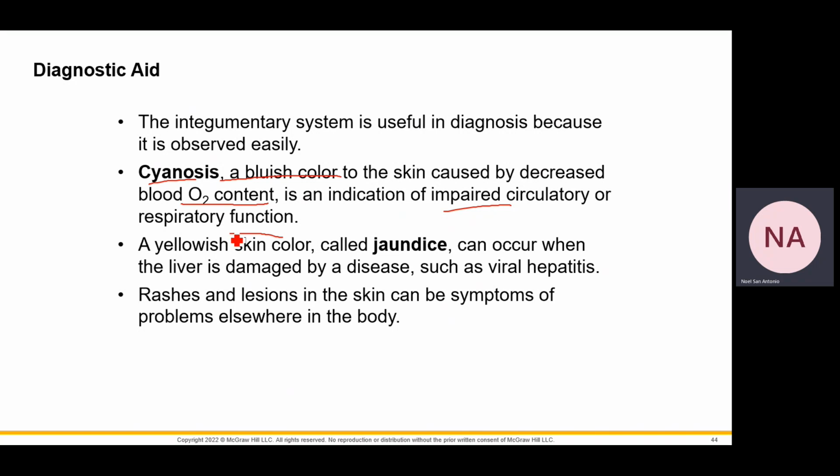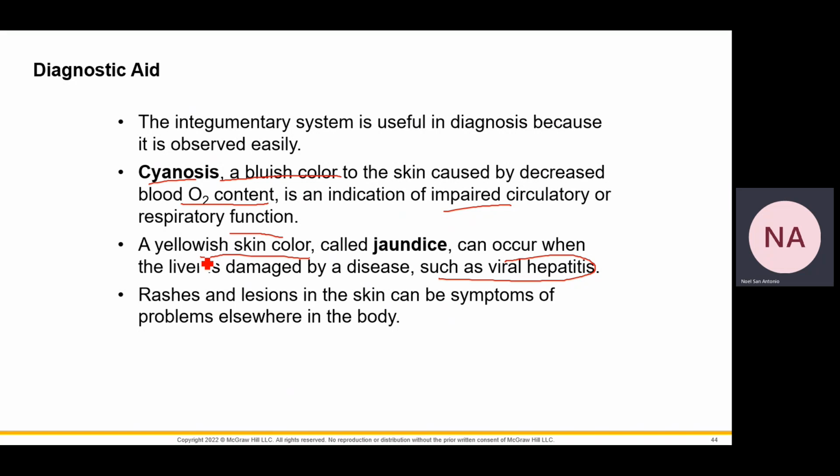Now, for those patients with liver problems, such as those patients with viral hepatitis, iba naman ang nagiging skin color. Yung yellowish skin color, and that is totally different from the yellowish tint of the skin when you eat a lot of carotene. Sinabi natin sa start na nakukuha sa squash, sa kalabasa, at saka sa carrot.